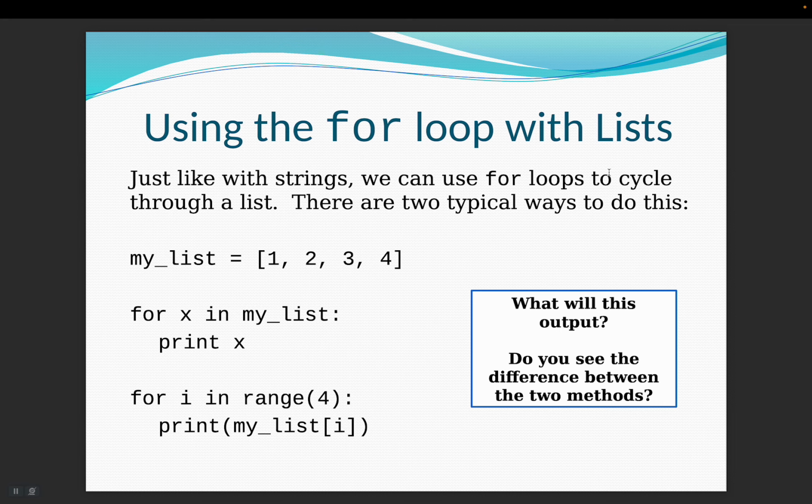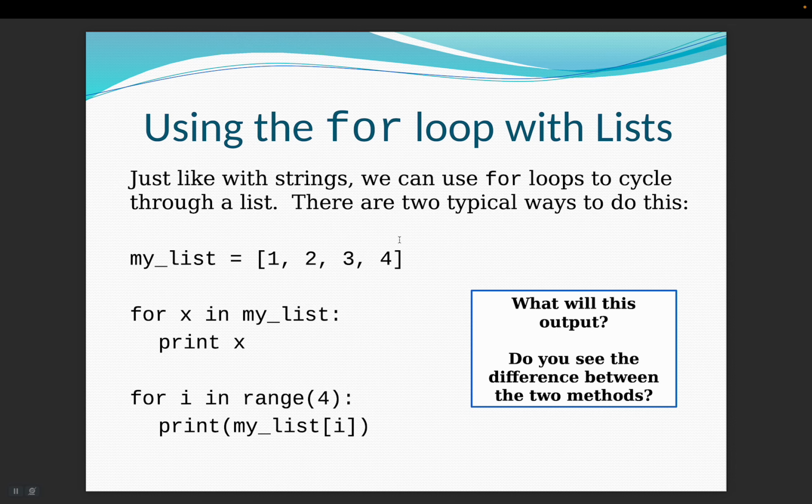So using the for loop with lists. Just like with strings, we can use for loops to cycle through a list. You can imagine what a useful application of this would be. Say we have a list of students that take computer science, and we want to see if a certain student is in the class.